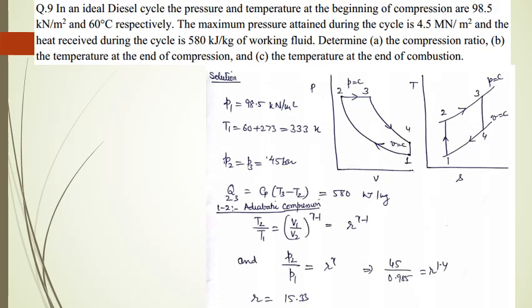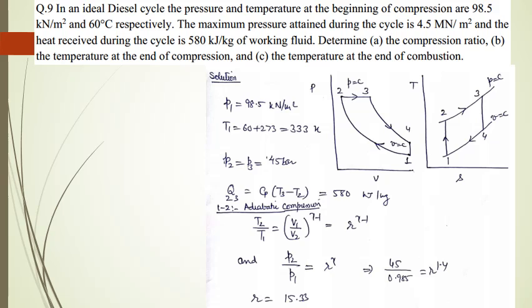Since V1 upon V2 is R, T2 upon T1 is equal to R raised to power gamma minus 1. Similarly, the relation between pressure and the compression ratio is expressed as P2 upon P1, which is equal to R raised to power gamma.